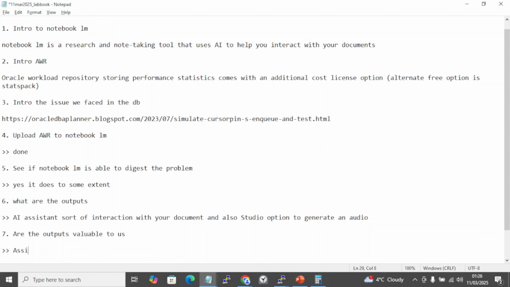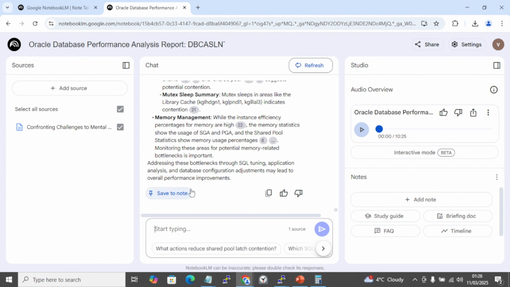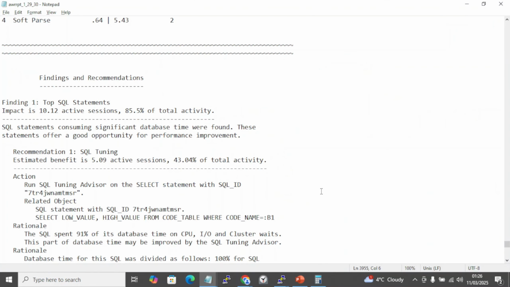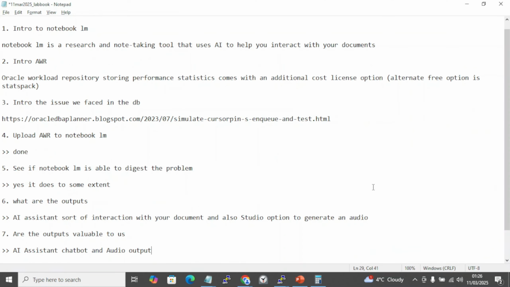You have an AI assistant chatbot, and the audio output. And you can generate notes also. So you have options to generate notes and so on, like a brief doc, FAQ guide, study guide, timeline, anything. Click this and it will generate this for you. So for instance, if I click this, it will generate it. So you can generate this many outputs. So next, yes and no.